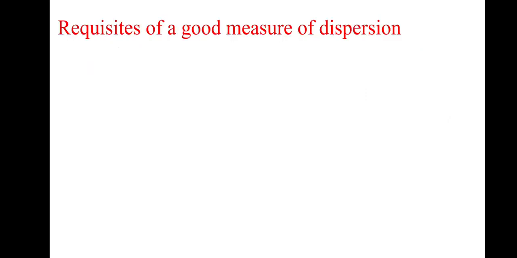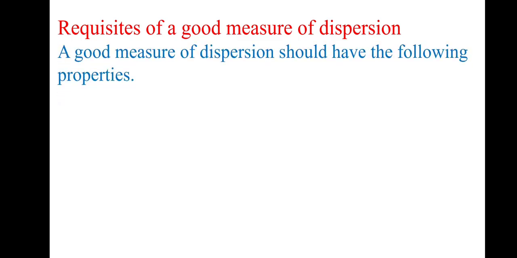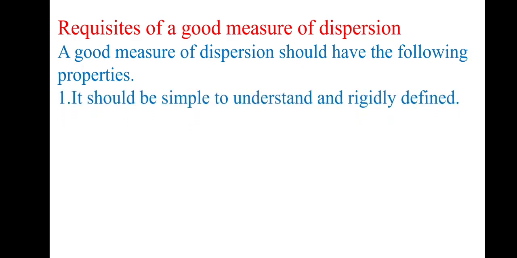Then what are the requisites required when you are studying the measures of dispersion? Good measures of dispersion should have the following properties. One, it should be simple to understand and rigidly defined. It will be properly defined and easy to understand.